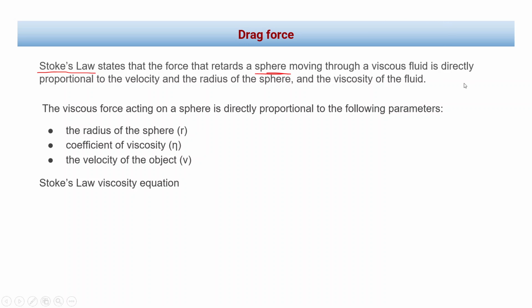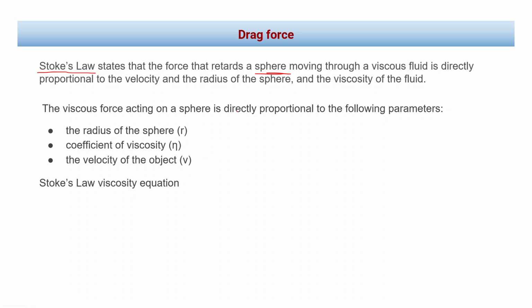So that viscous liquid is exerting viscous force on it, and the force depends on the radius of the sphere. It is proportional to the coefficient of viscosity of the liquid, and it is also proportional to the velocity of that spherical body.